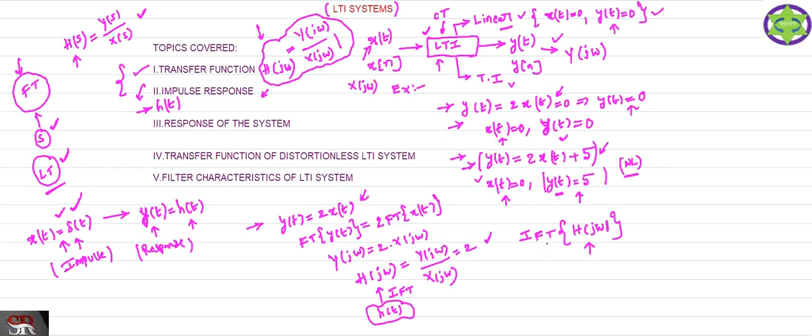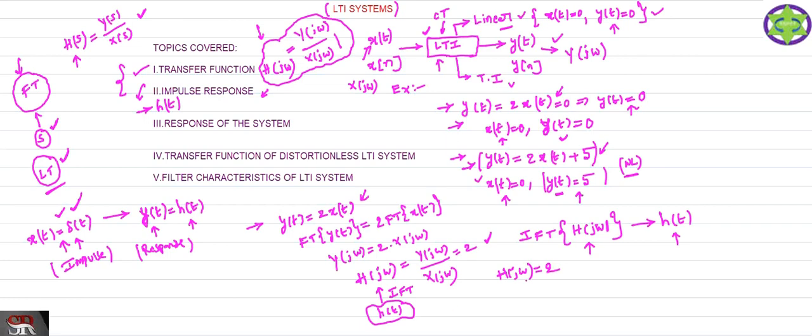If you apply the inverse Fourier transform for your system transfer function, you should get the time domain signal, which is the impulse response h of t. That is the procedure to find out the impulse response. Here in the example, H of j omega is what?